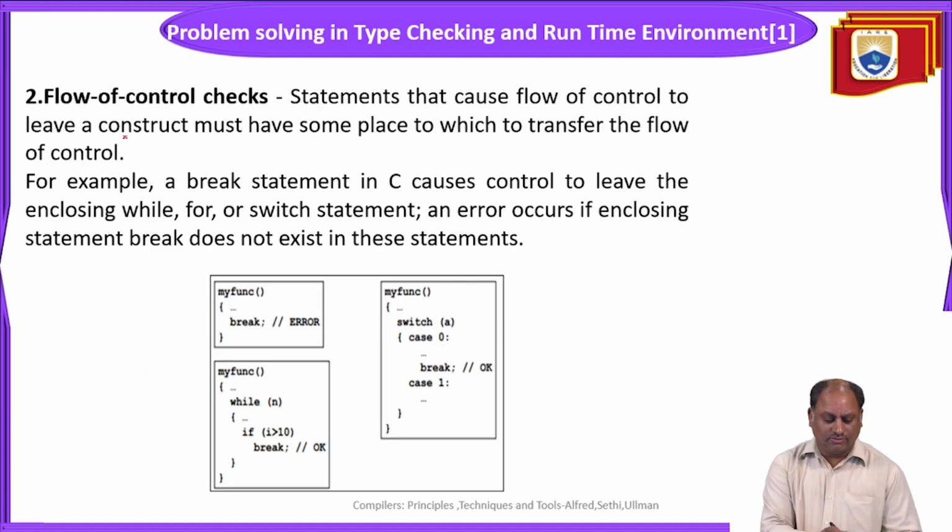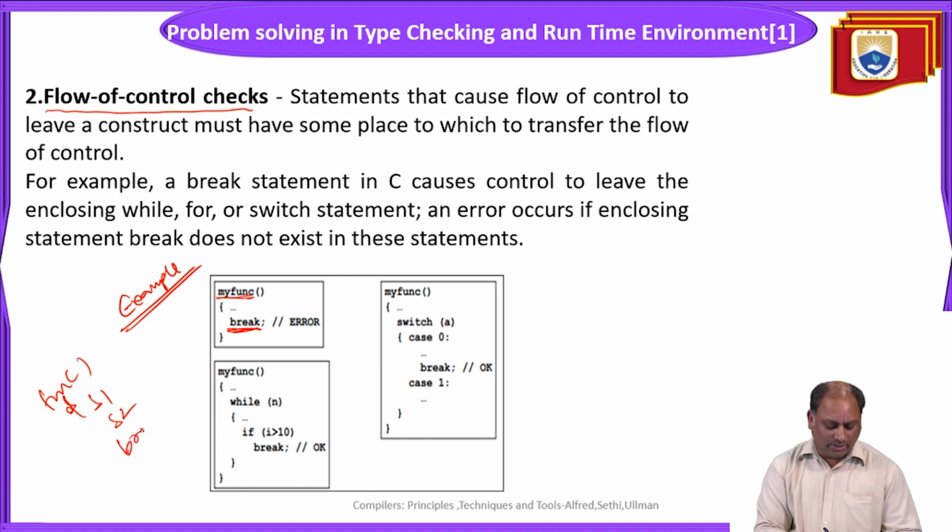Another check is flow control checks. For example, take a function defined with a break. Generally the function has a sequence of statements: statement 1, statement 2, break, and then S4, S3, S5, like this.